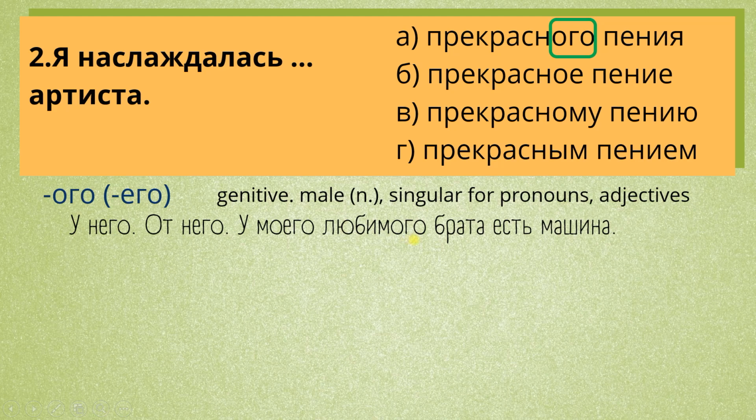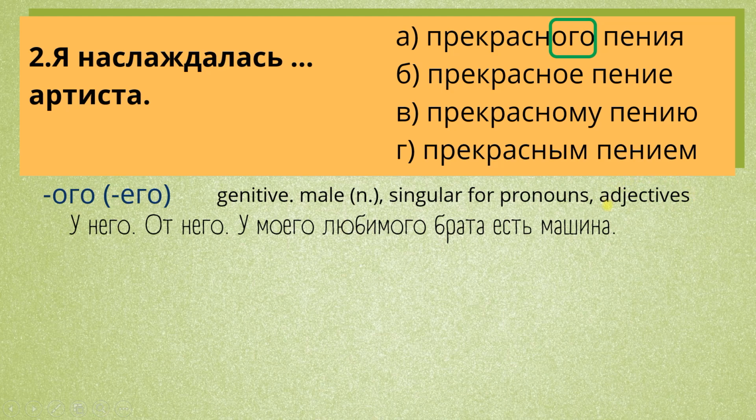It's ого because it's an adjective. But it's у моего. Not ого, but его. It's a possessive adjective. It's not just a regular adjective. That's why the endings are a little bit different from the original ого. The same with pronouns. You have от него, у него.